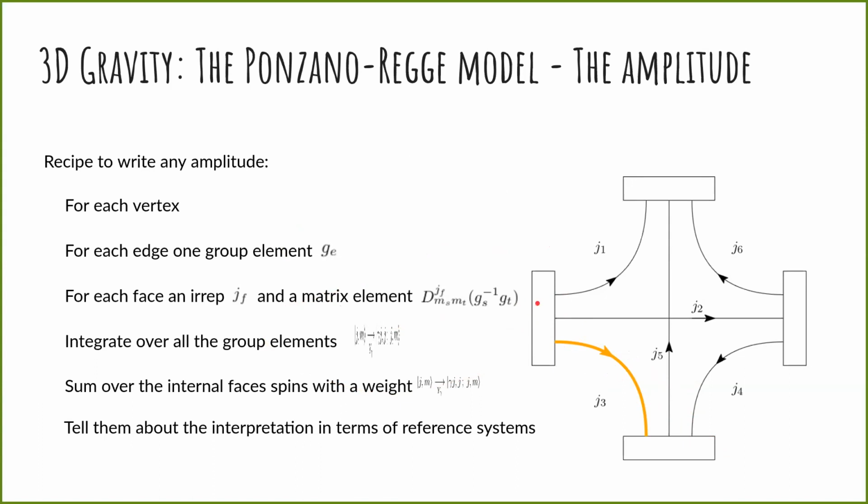You have to imagine that each triangle defines its own reference system. The group elements are telling you how to change from one reference system to the other. And the vertex amplitude is just averaging, or integrating, over all the possible ways you have to change reference system from one to the other.